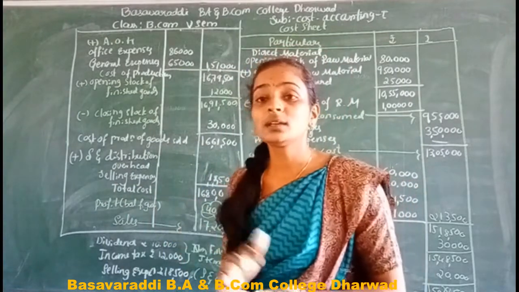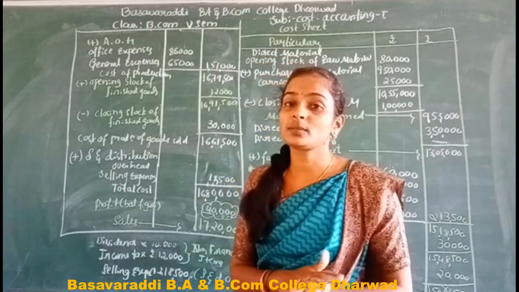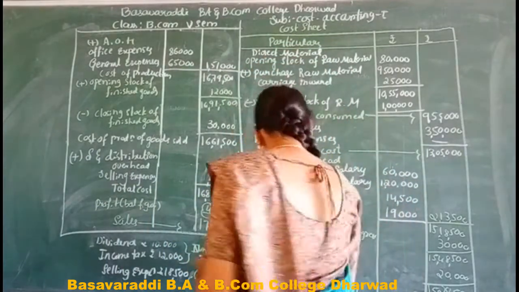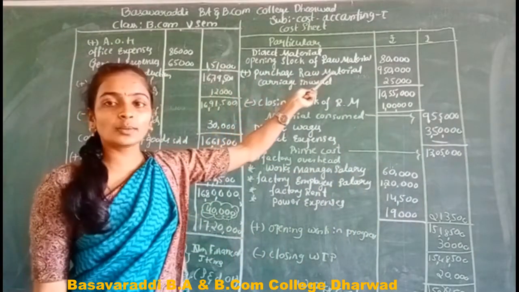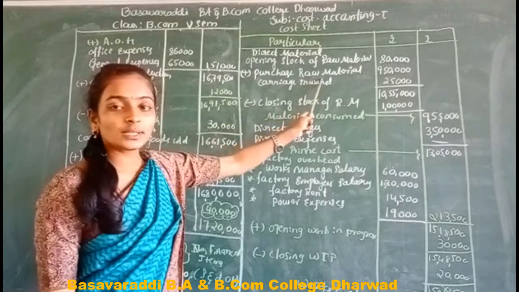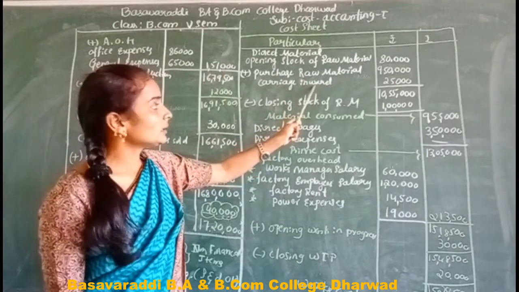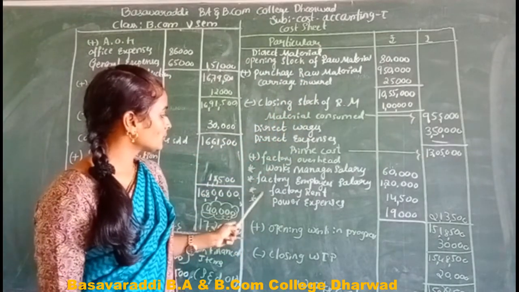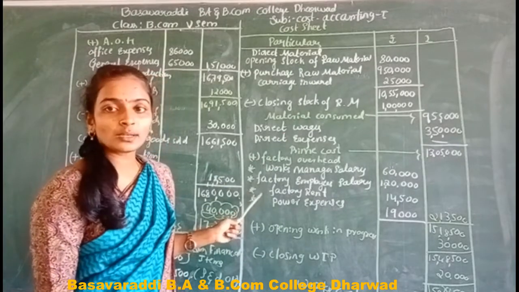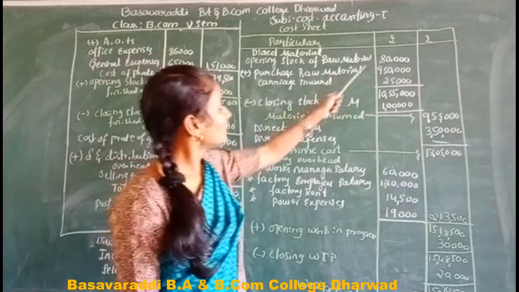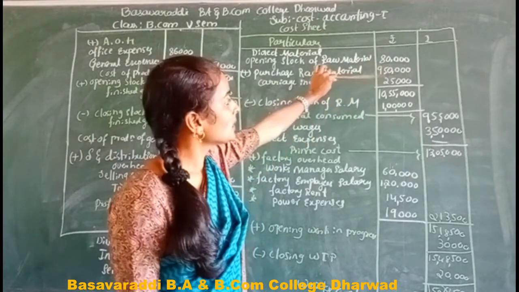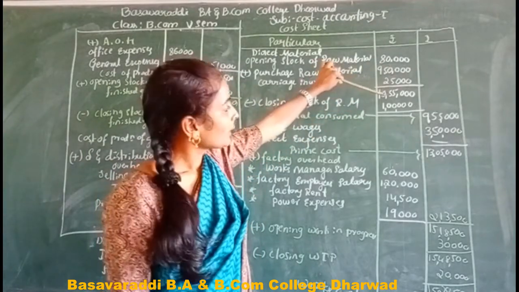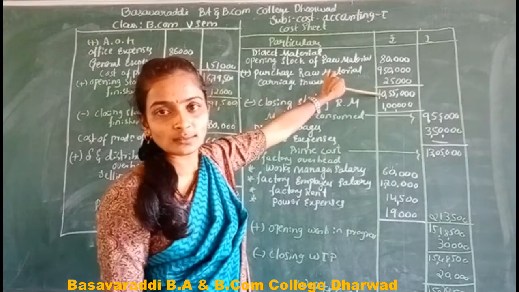This is given in the 2016 question paper for 15 marks. In this problem, direct material is given: opening stock of raw material, purchase of raw material, carriage inward. If carriage outward is there, you have to write it in the overhead, not in factory overhead cost. Add 80,000 plus 9,50,000 plus 25,000, which is 10,55,000.